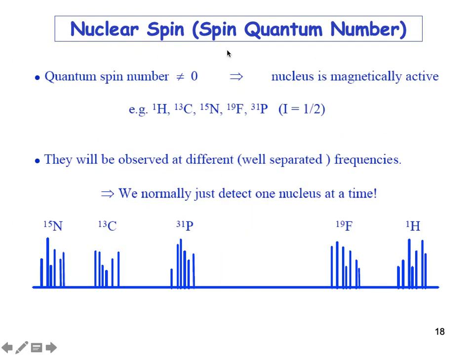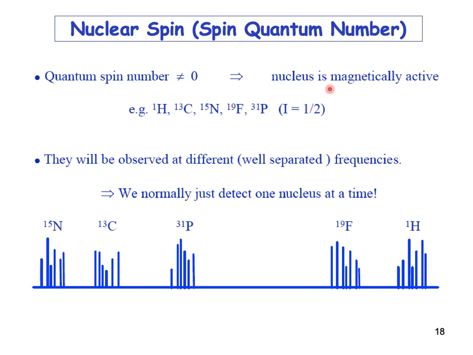If the NMR spin quantum number is not equal to 0, these nuclei are called magnetically active nuclei.